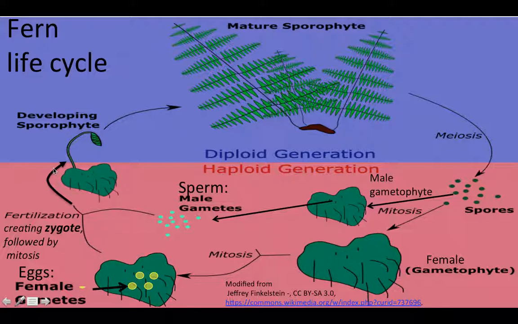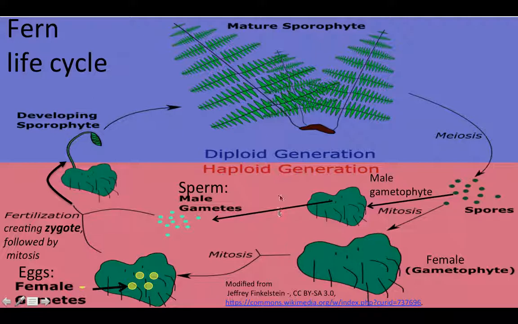So we get mitosis first forming this young plant, further mitosis forms the mature plant, and then we can get sporangia forming, and those sporangia can again go through meiosis and make our next generation of spores. Remember that in this process, we have a multicellular sporophyte, and that is one of our generations.